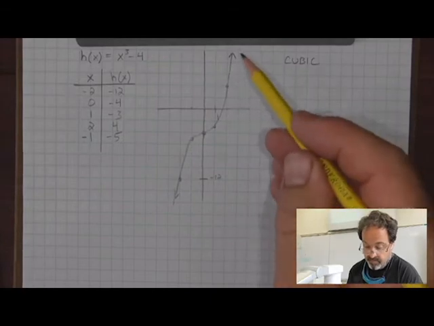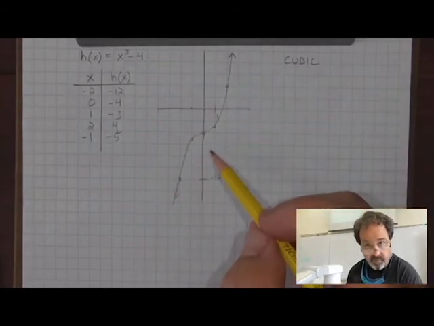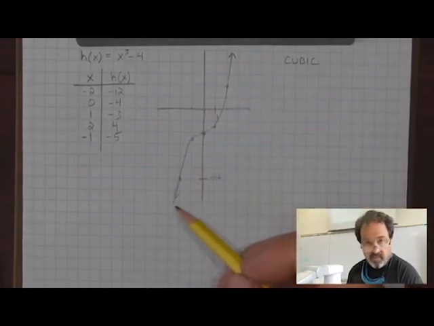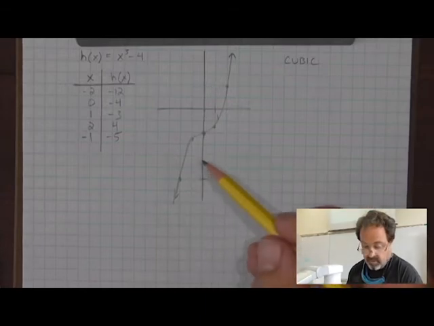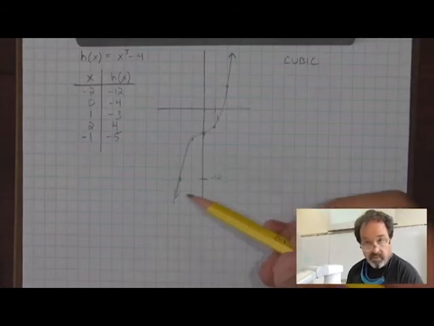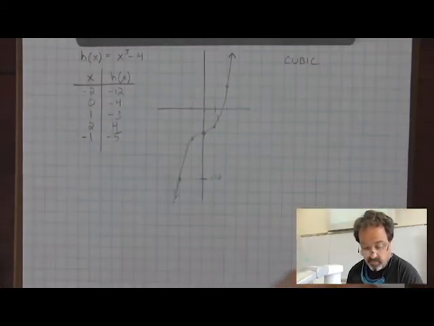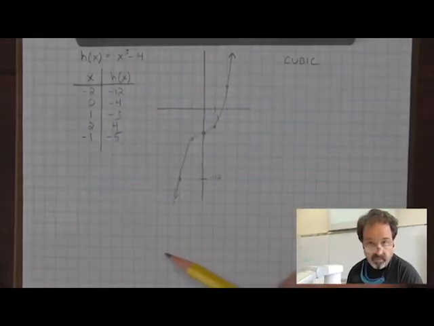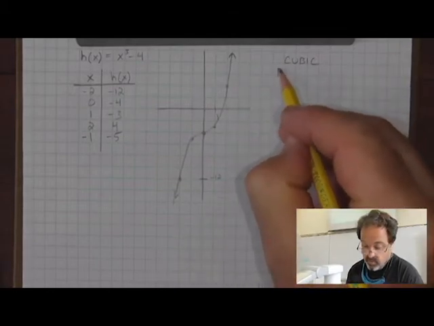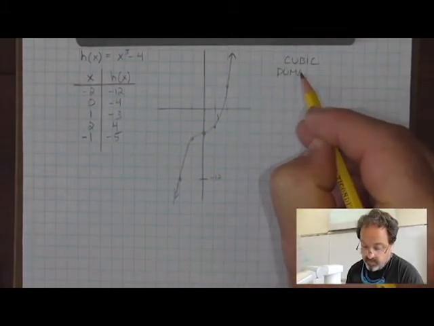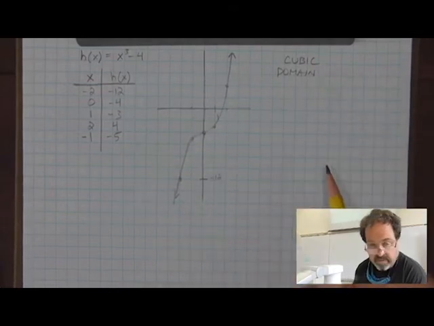Another common thing to say about a function is its domain and range. The domain is the numbers that are appropriate to put into the function, its input. x represents the input of this function. So what are the possible values that we can put into the function?